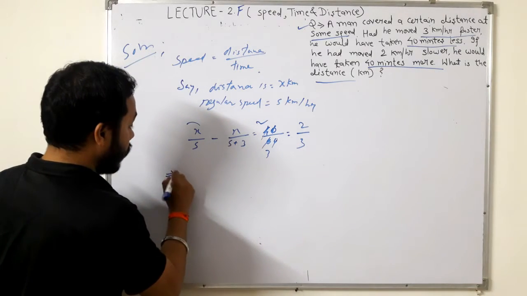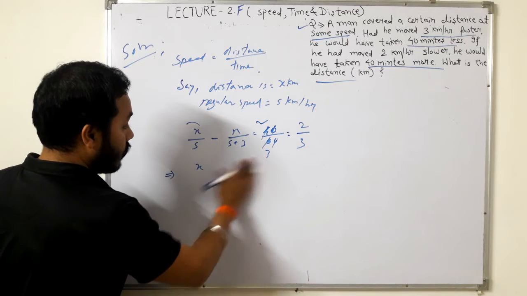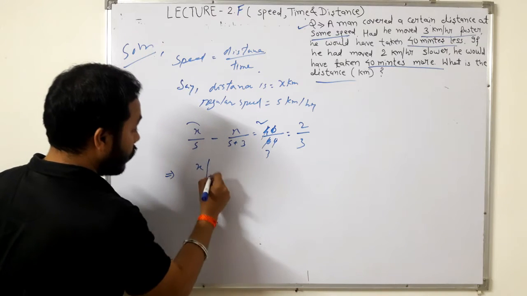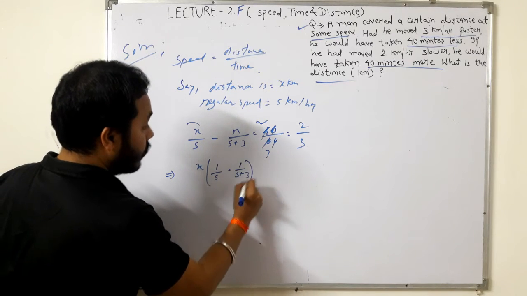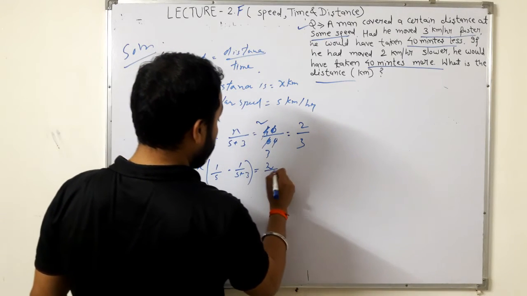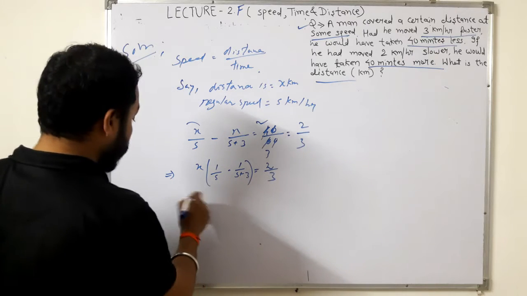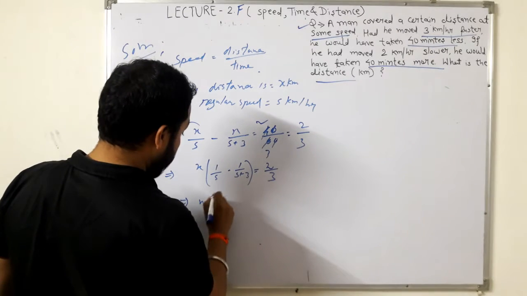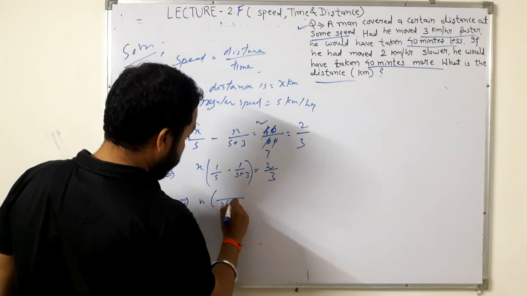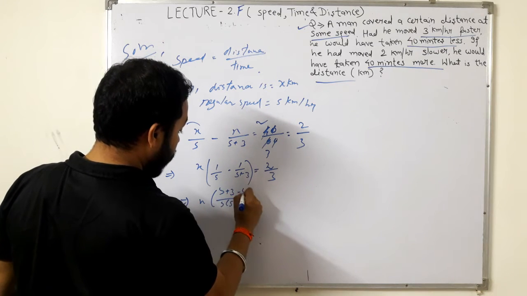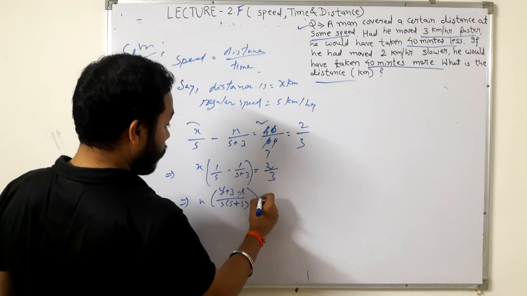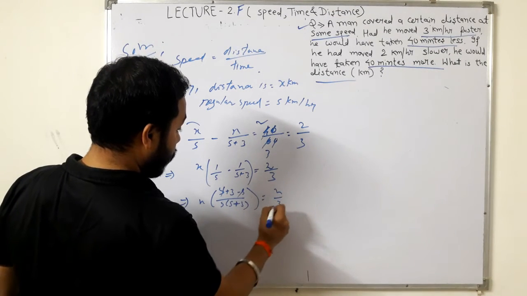So taking x common, 1 by s minus 1 by s plus 3 is equal to 2 by 3, isn't it? So x into s plus 3 minus s over s into s plus 3 is 2 by 3.